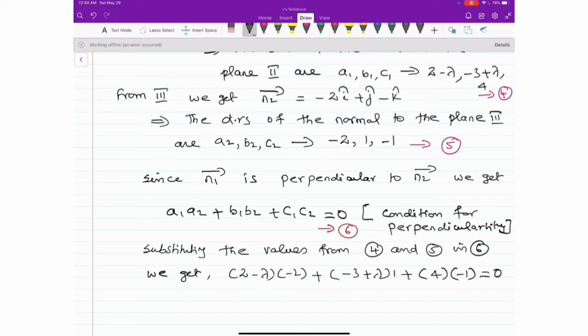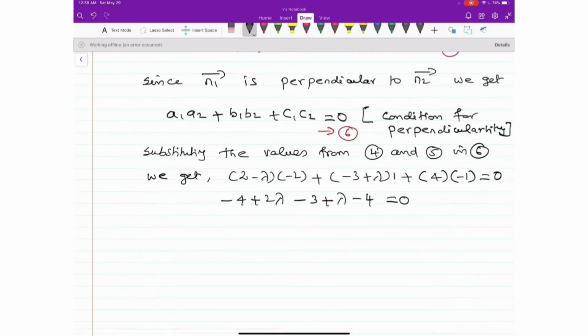When you multiply, you will be getting here minus 4 plus 2 lambda, and in this place it is going to be minus 3 plus lambda, then minus 4 equal to 0. When you simplify this, you will be getting 3 lambda minus 11 equal to 0. This implies lambda is equal to 11 by 3.